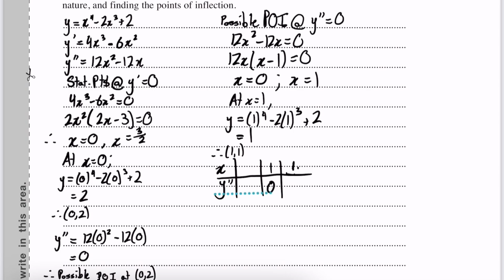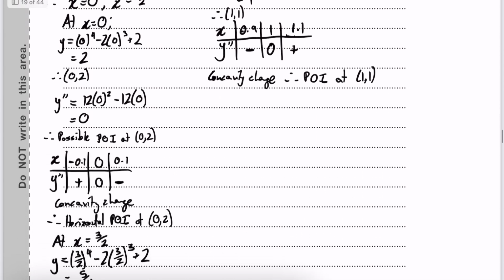So test the point that's slightly larger and slightly smaller than 1. And what we see is that this is positive, this is negative, and so concavity change, therefore point of inflection at the point 1, 1. So now we've got everything that we need to draw our graph.